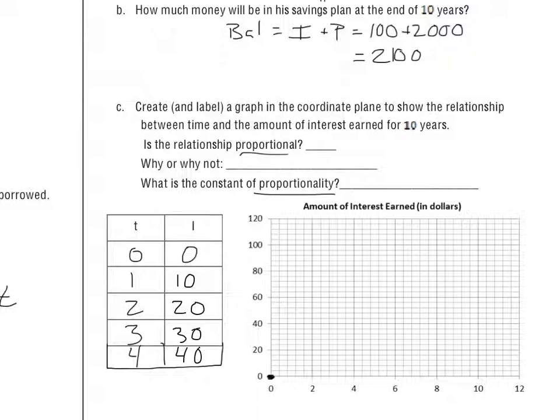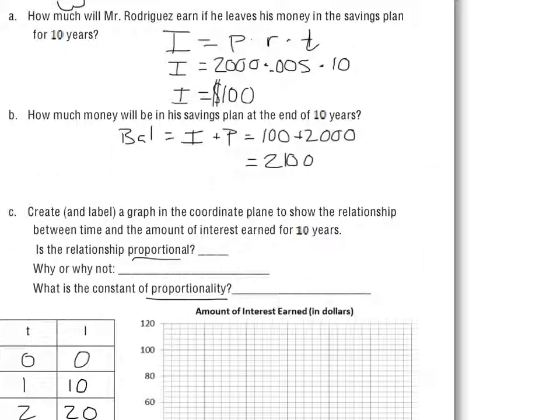So is this relationship proportional? Is it going to be the same constant of proportionality throughout? And if we think about it equation-wise, interest is equal to 2,000 times 0.005 times t. This is a proportional relationship. I is equal to 10t. So we have that same constant of proportionality, 10, all the way throughout. Is this relationship proportional?